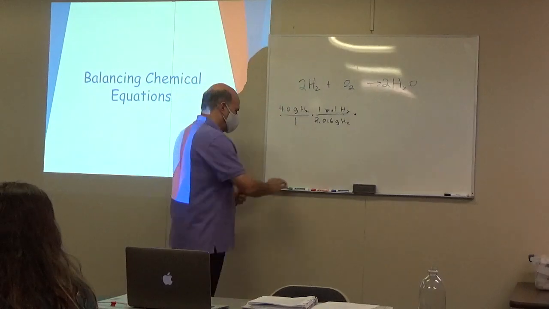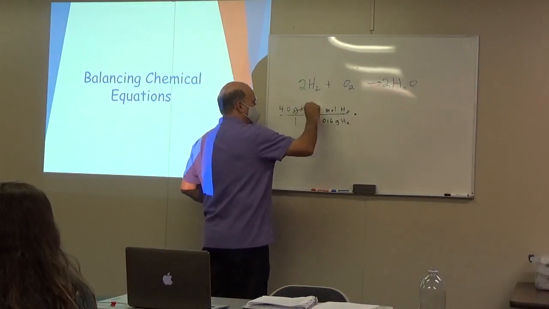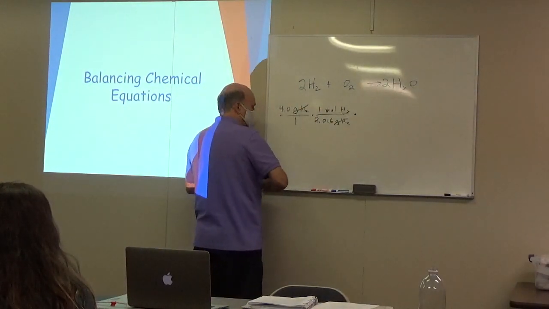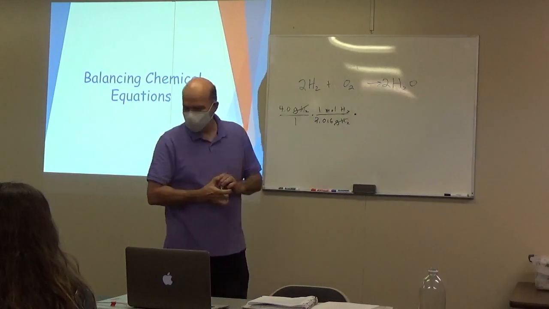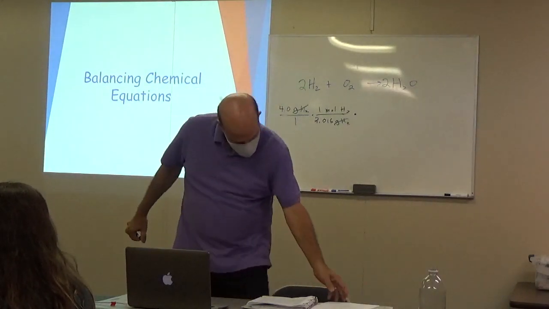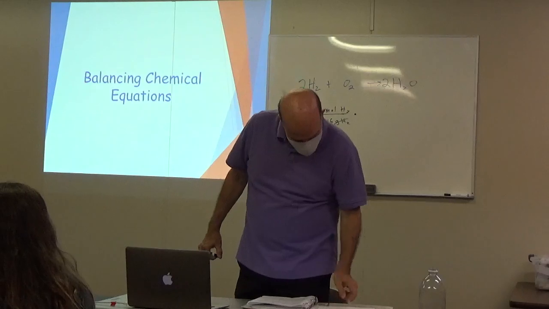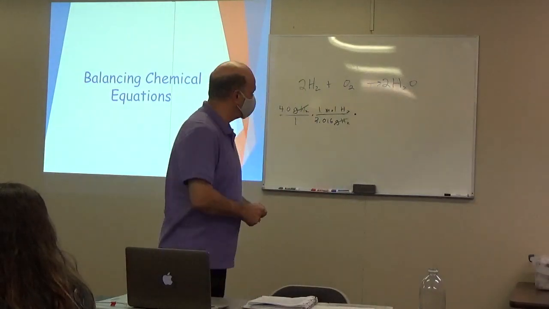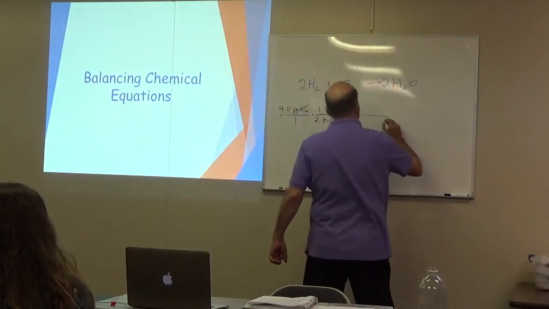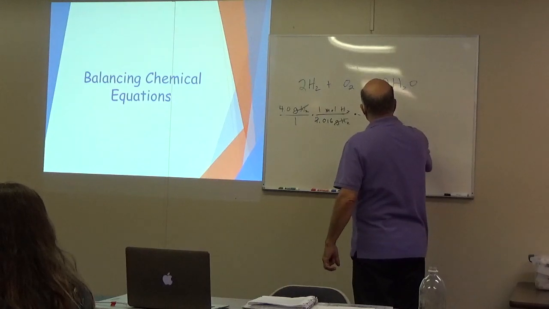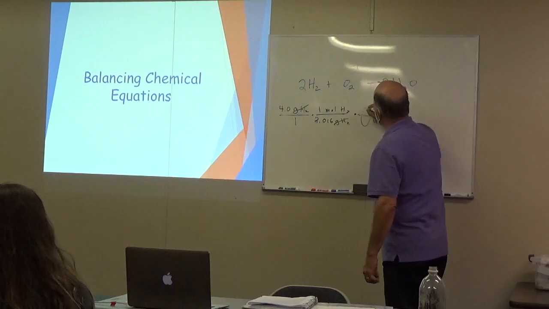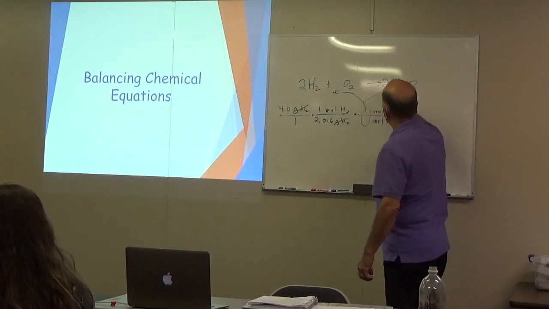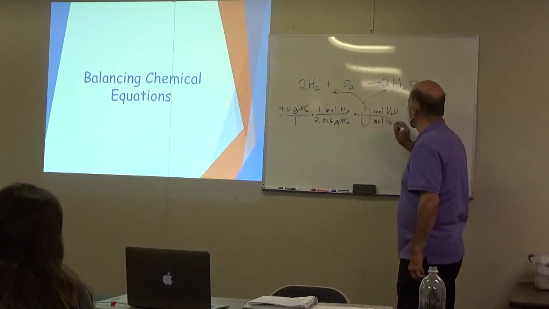Now I've gone from grams of hydrogen to moles of hydrogen, and they want to know how many grams of water. Well, we have to do something that converts moles of hydrogen to moles of water, right? And this is determined by your equation, this mole ratio.